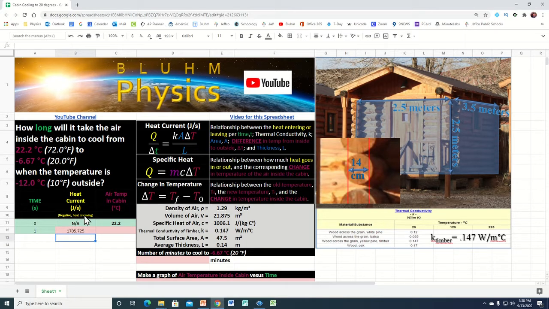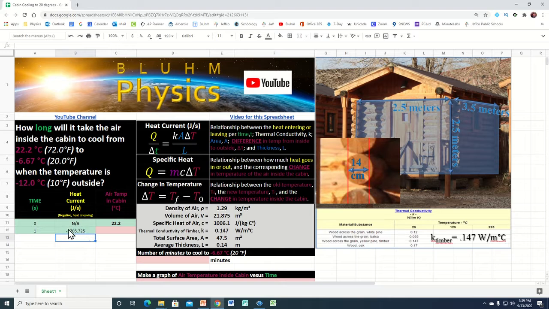It says it needs to be a negative number because the heat is leaving. So if I take minus 1 times what we got, it'll turn it into a negative. So in the first second, 1700 joules are going to be leaving that cabin.